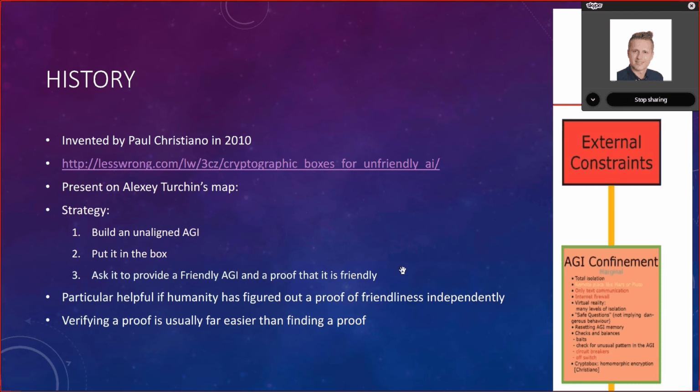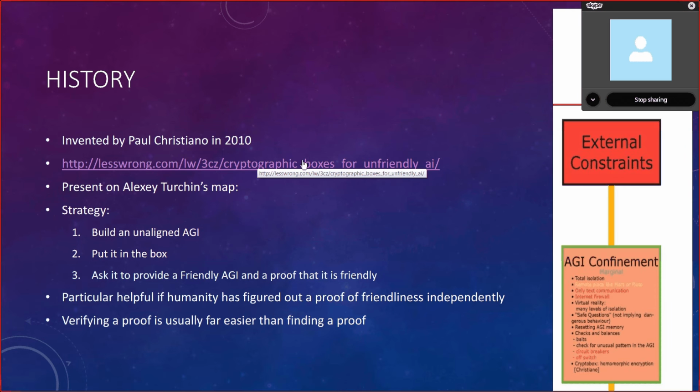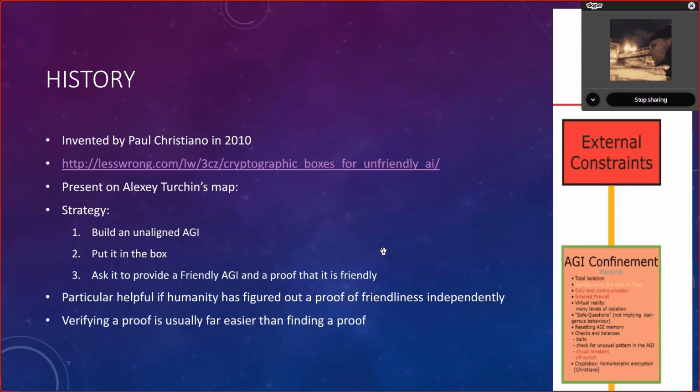So the idea of making a cryptographic AI box was invented by Paul Christiano in 2010, and the first place he wrote about this was in this post on Less Wrong. And the idea is present on Alexei Turchin's map, the one we read last time.